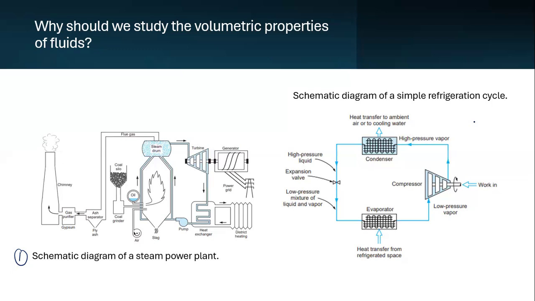It keeps our food or whatever in the refrigerator cold or cool. You understand what I'm saying? So basically, we are using those properties to get the energies, right? And I believe this schematic diagram, we are all familiar with from thermodynamics 1.